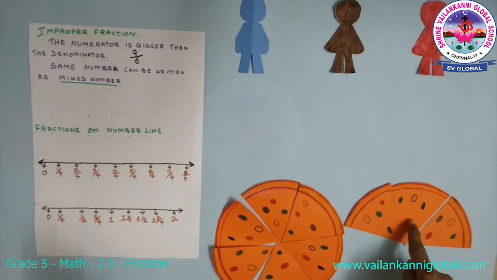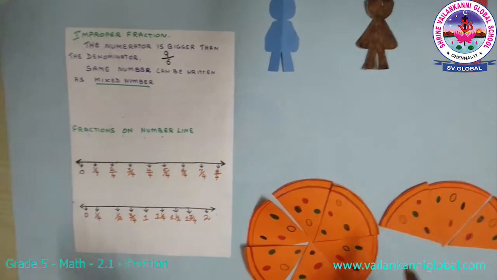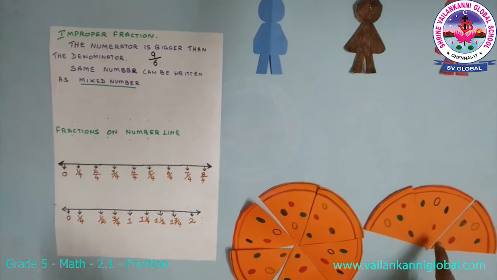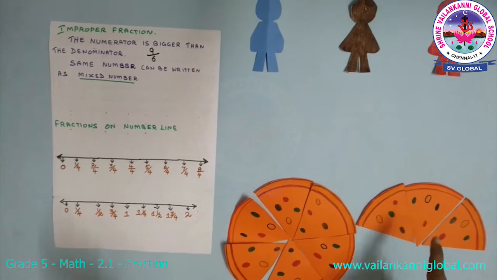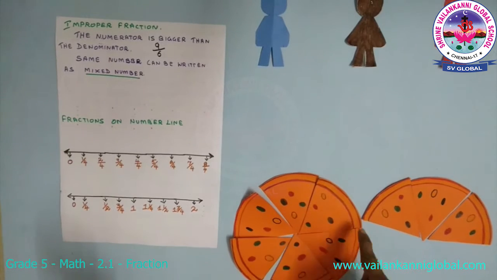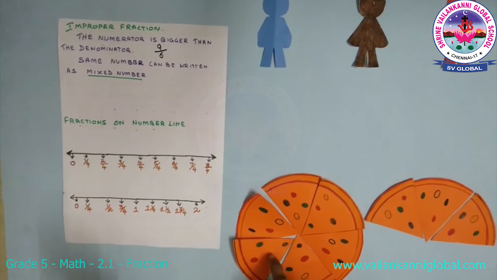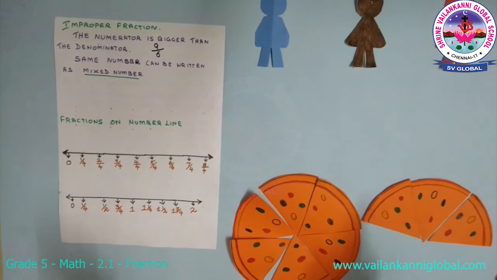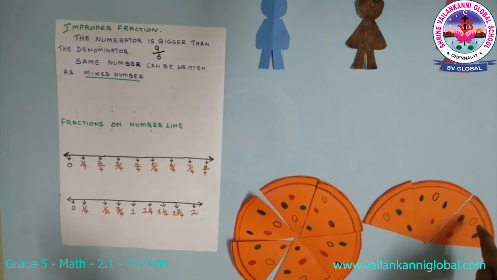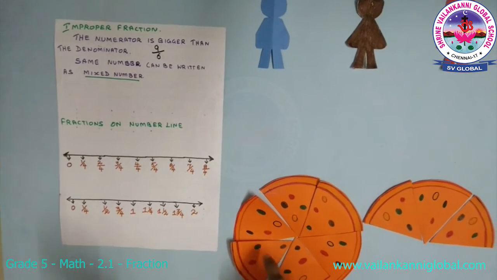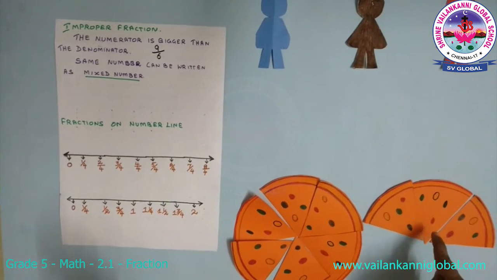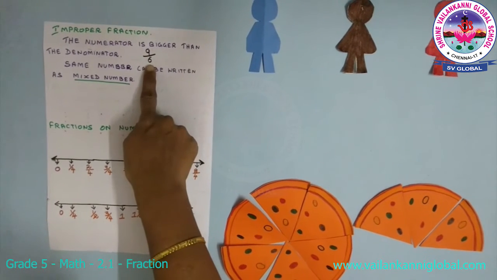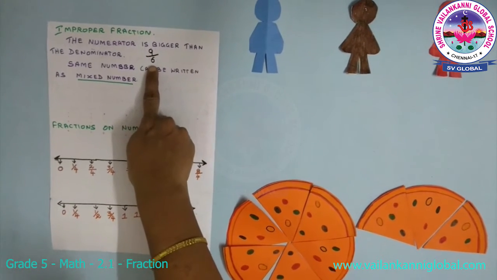So totally 6 plus 3, 9 pieces of pizza we are having. But in one whole pizza we divide 6 parts, and this pizza also has 6 pieces. But the total parts here are 9 parts, so 9 by 6. Got it? That is an improper fraction.